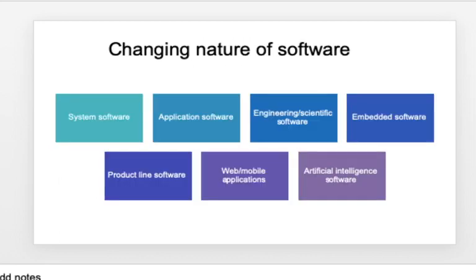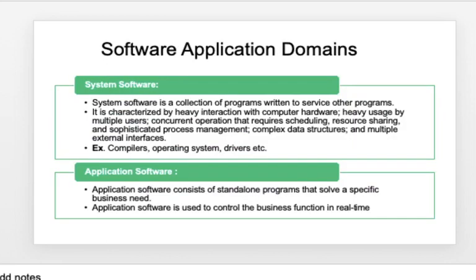If you look into the changing nature of software, there are softwares that come in different varieties and flavors, like the system software, application, engineering or scientific, embedded, product line, web or mobile apps, and AI.